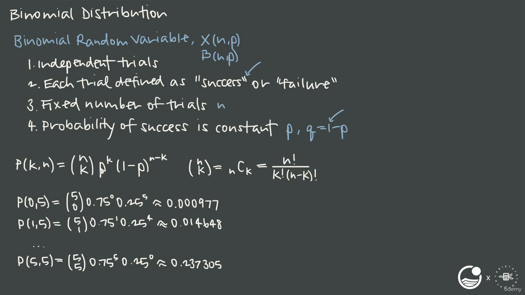There's a 75% chance that a driver arrives within 10 minutes. So we raise 0.75 to the power of 0 because we're looking here for 0 successes, k successes. And then we take our probability of failure, which is just 1 minus p. So 1 minus 0.75 is 0.25. And we raise that to the n minus k. In this case, that's 5 minus 0, or 5.